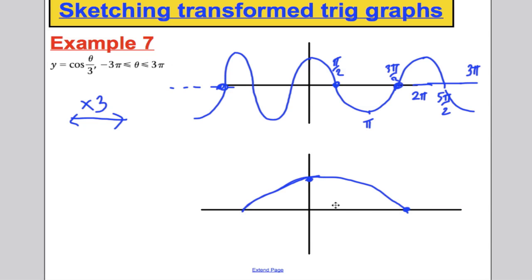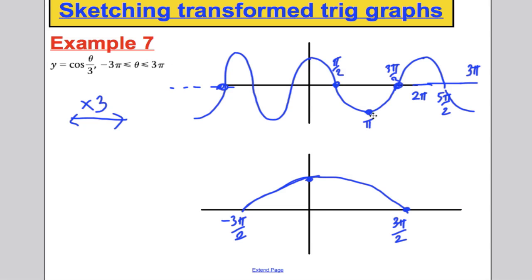And that's supposed to be 3 pi over 2 and minus 3 pi over 2. Sorry, this was our next point.